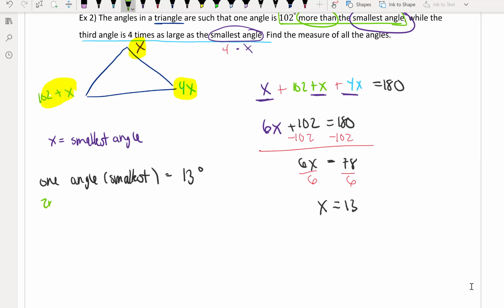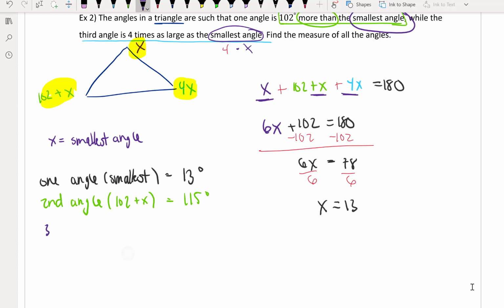I know that the second angle, the one that was 102 plus x, well, if I do 102 plus my x value, which is 13, I get 115.